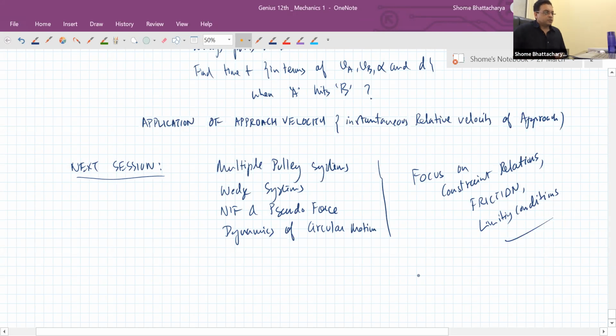Okay, so we will complete this portion, then we will come to the work energy and application of work energy in vertical circular motion part next, and then eventually to momentum conservation, system of particles, and rotational mechanics.